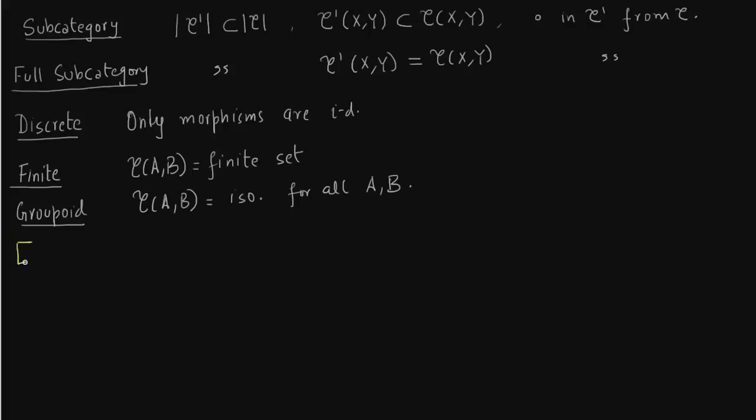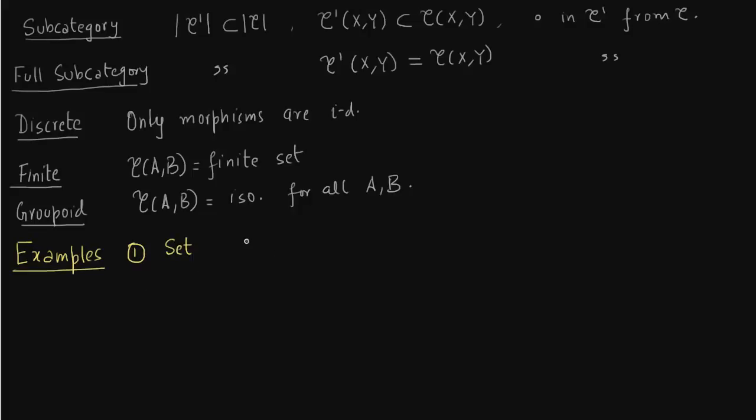So the first example to keep in mind is the category of sets. The objects are sets and the morphisms are maps of sets.